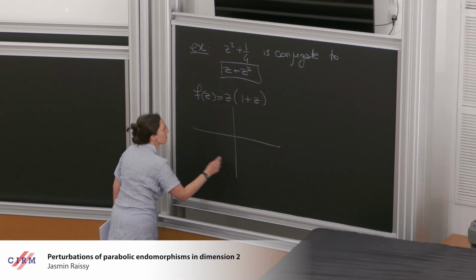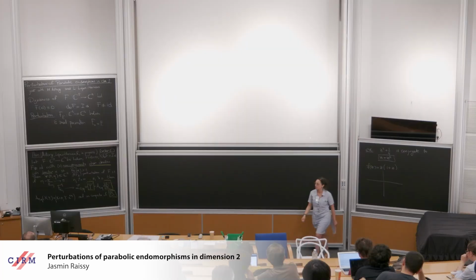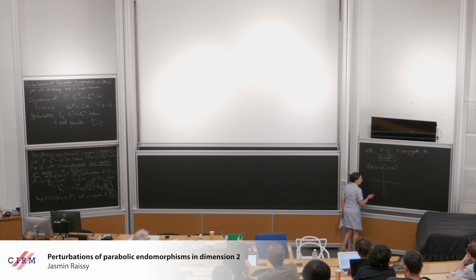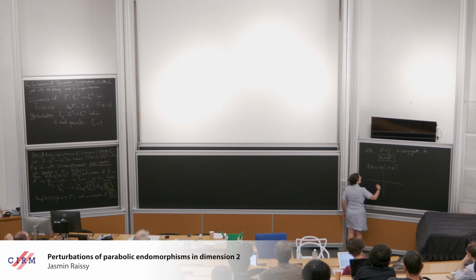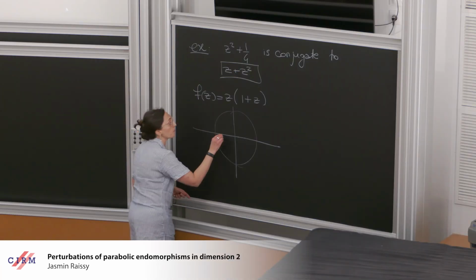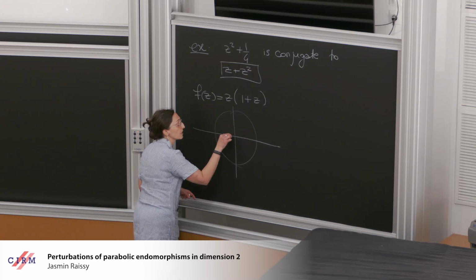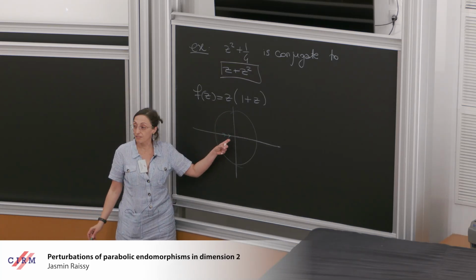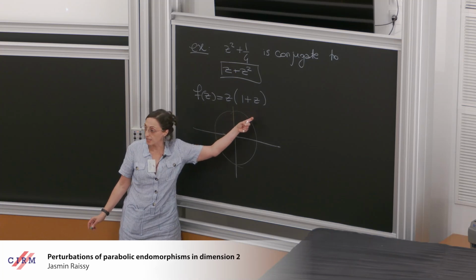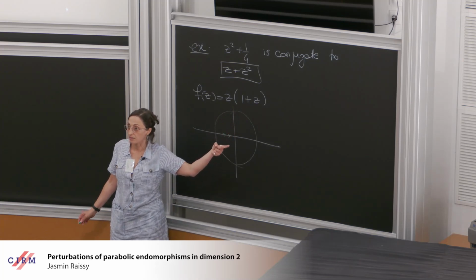If I'm on this side, on the negative real axis, and I put myself in the neighborhood of the origin, say this is a small neighborhood of the origin, and I pick a point on the negative real axis, if z is negative and real, then 1 plus z is less than 1, okay?